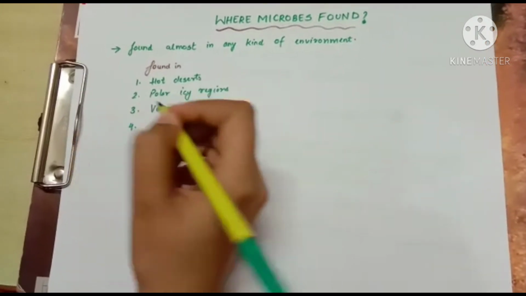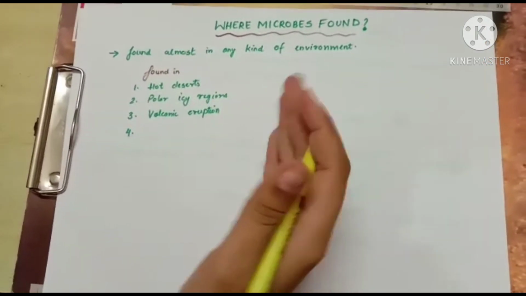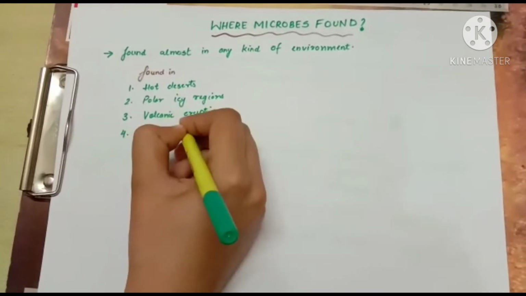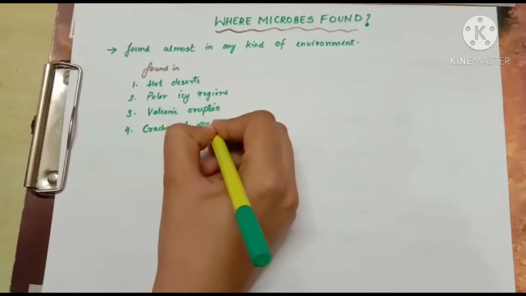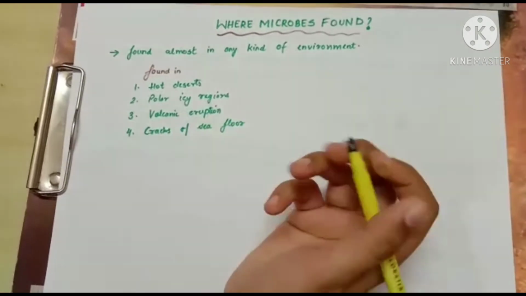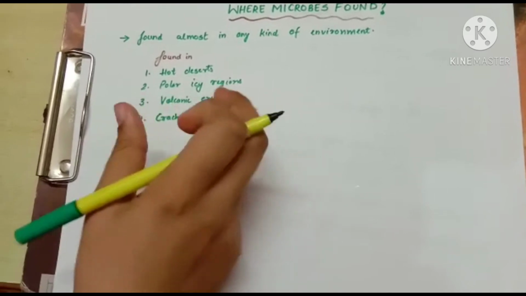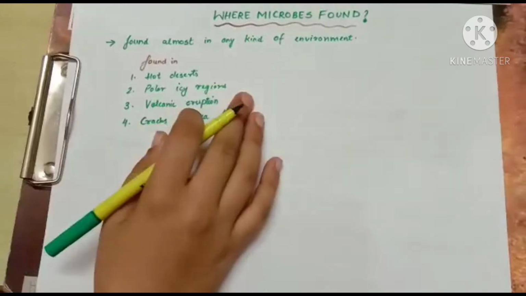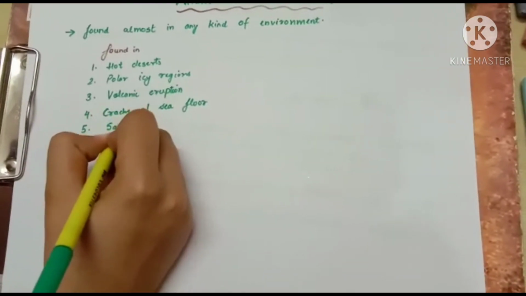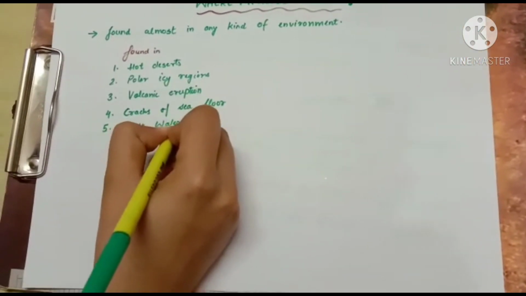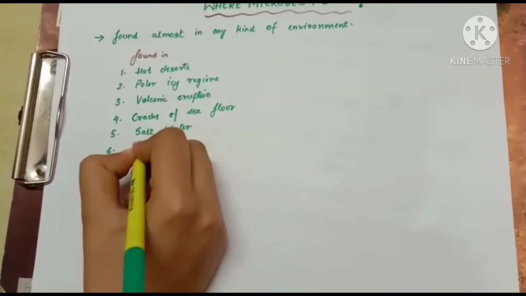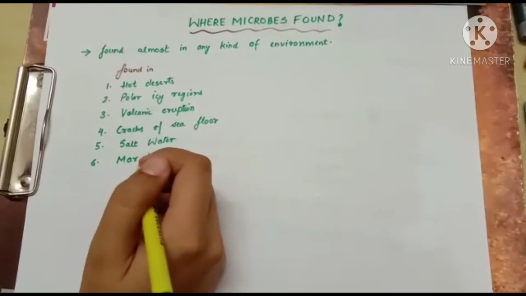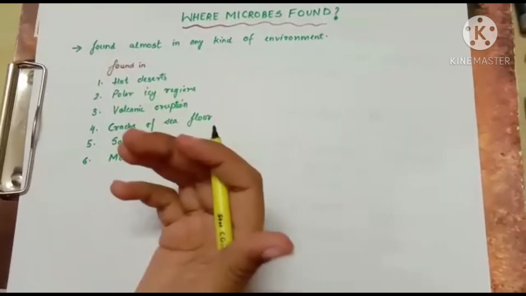Number 4, they can also be found in the cracks of the seafloor. You all know the cracks in the seabed, so they are also found there. They are also found in salt water, marshlands, and even inside a human body or inside us.